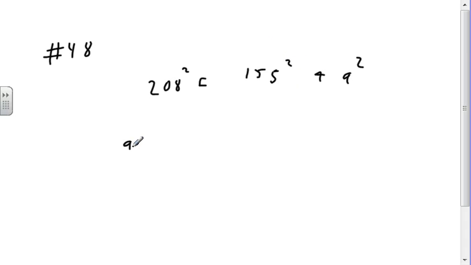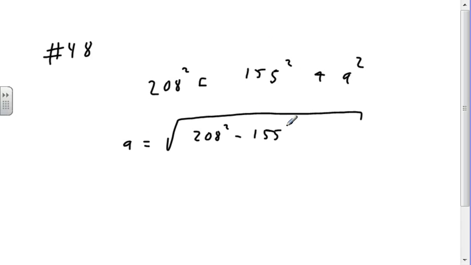Alright, so A is going to be the square root of, is it plus or minus square root of 208 squared minus 155 squared? No, it's not plus or minus, even though it would be, because a negative length doesn't make any sense in figuring out what a side is.